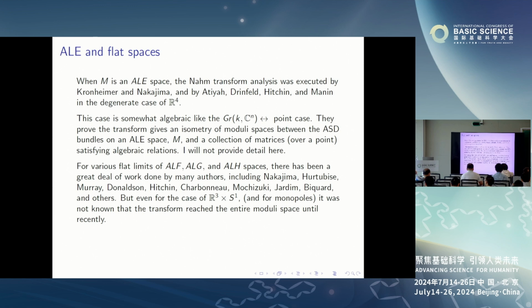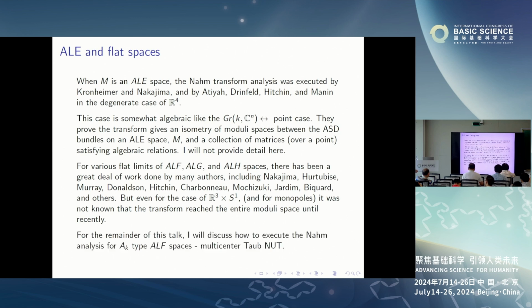But even for one of the earliest cases addressed with the Nahm transform techniques, R3 cross S1, and also the associated case of monopoles, all the work done until our work left lots of holes in the theory, in that it wasn't clear that the entire moduli space was reached by the Nahm transform as it existed. So in our work on ALE and ALF spaces, we filled in a lot of holes in the literature.